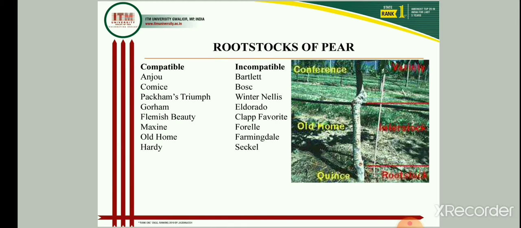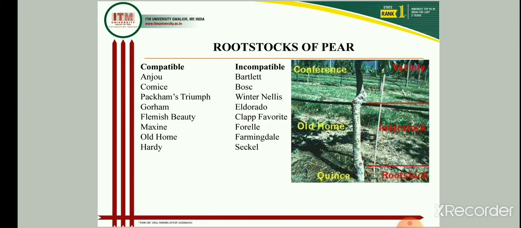So Quince rootstock was grafted with Old Home, and after some time, when this grafting was successful, then regrafting was done with the incompatible scion cultivars, Conference, or you can go for the Bartlett Bosc.